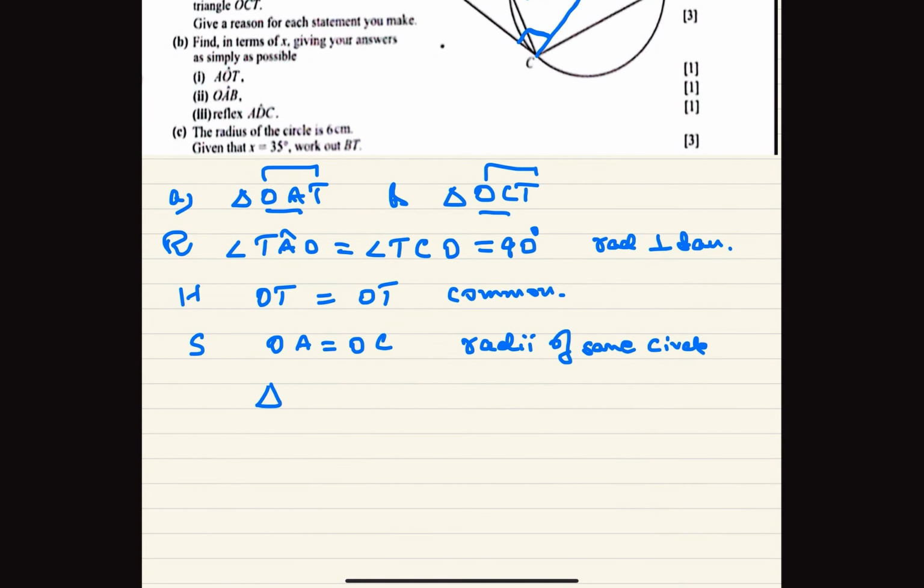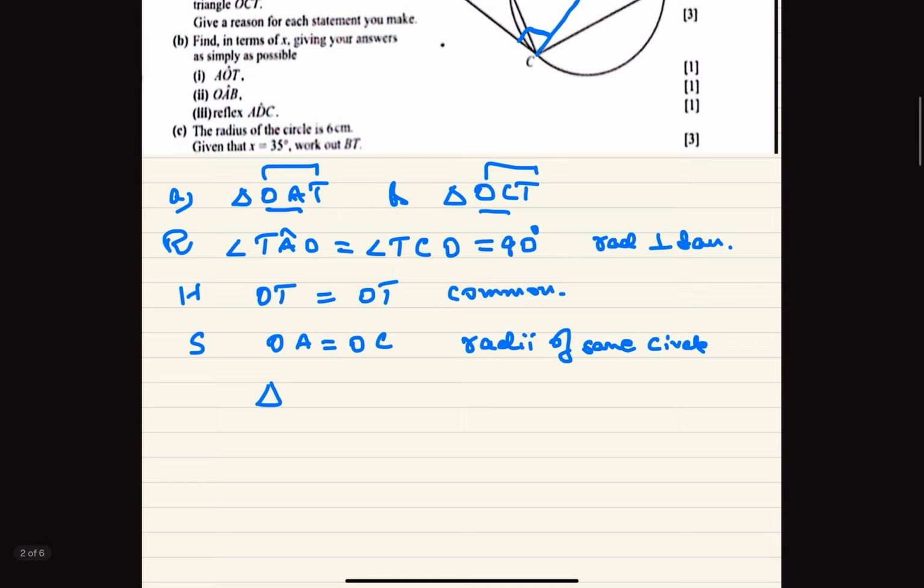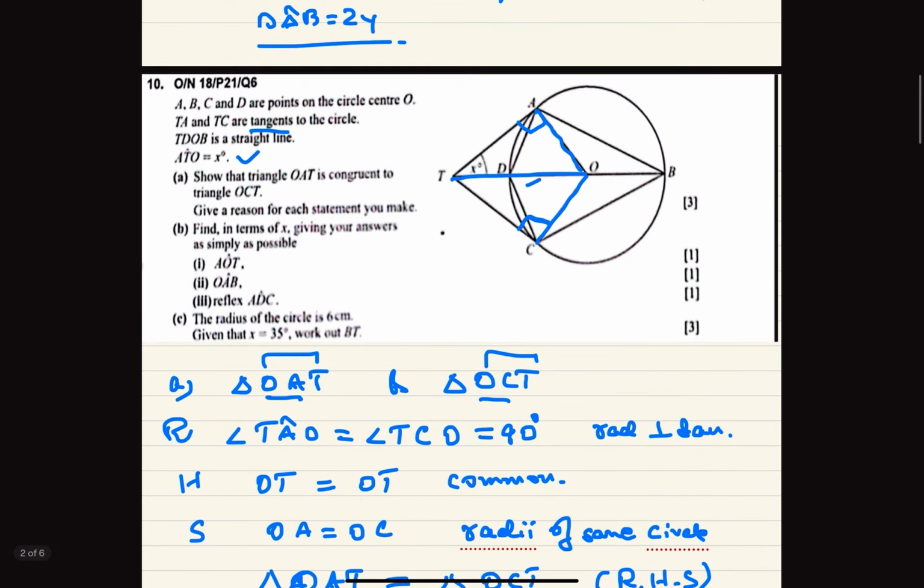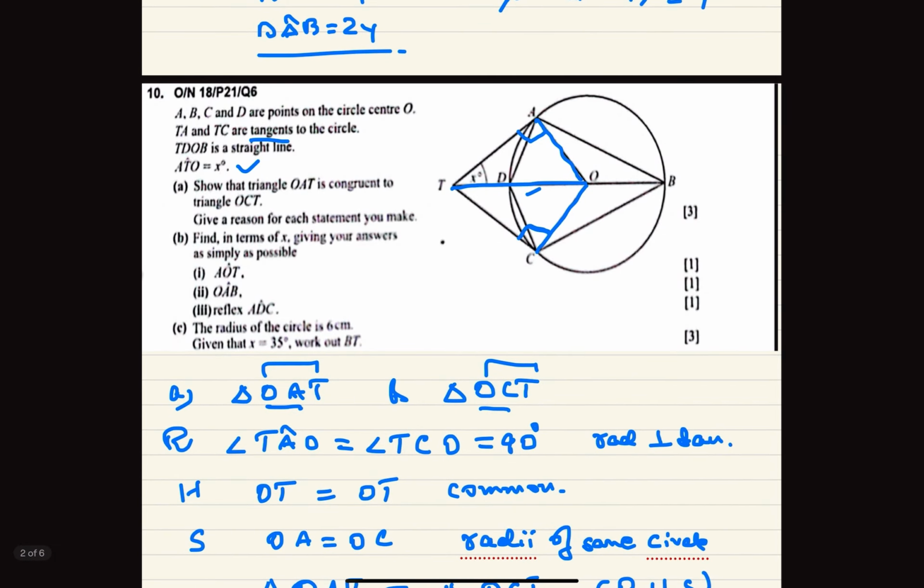So triangle OAT is congruent to triangle OCT, and the reason for congruency is RHS, right angle, hypotenuse and side. Okay, now find in terms of x, giving your answer as simple as possible. AOT. We need to give the answer in terms of x.